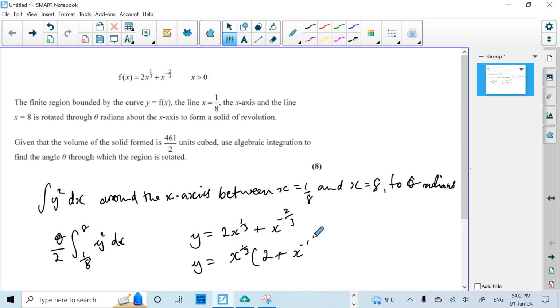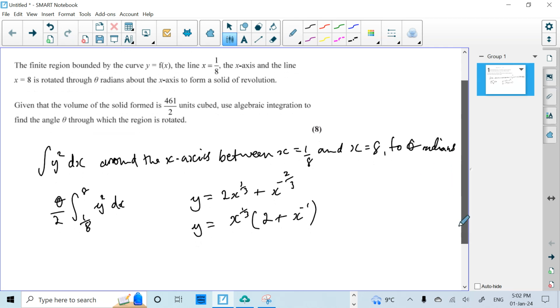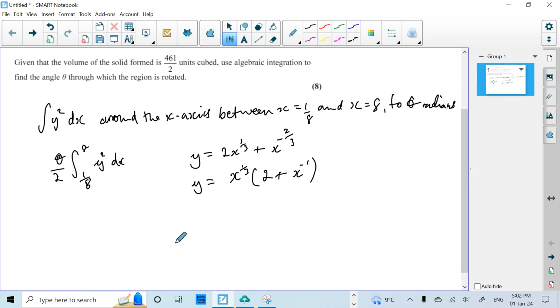And now we make y squared because that's what we want to integrate. So y squared will give us x to the 2/3, 2 plus x to the minus 1 all squared.